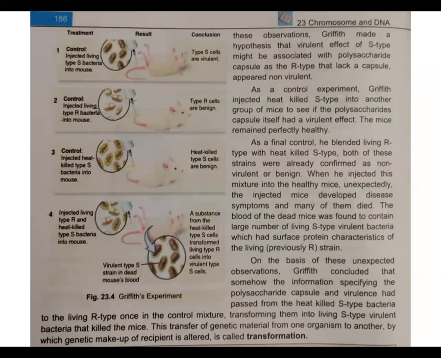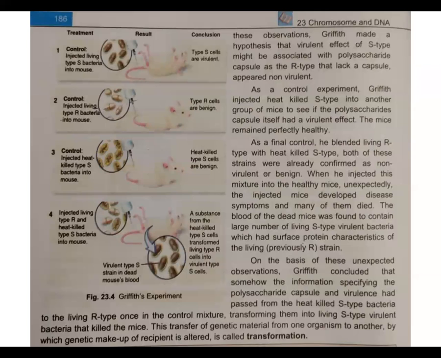So the capsule probably had something to do with virulence. As a control, in a second experiment, he injected another group of mice with the R type, and the mice showed no ill effects and remained perfectly healthy.